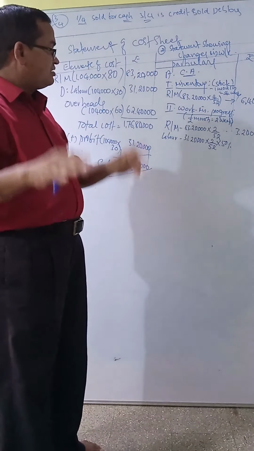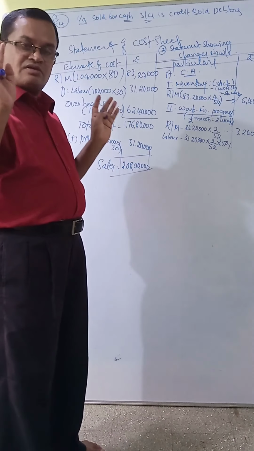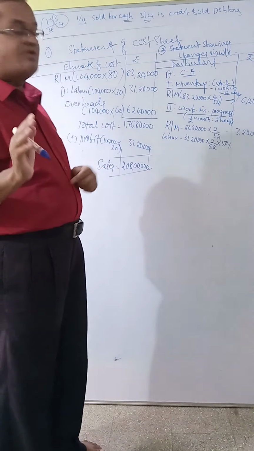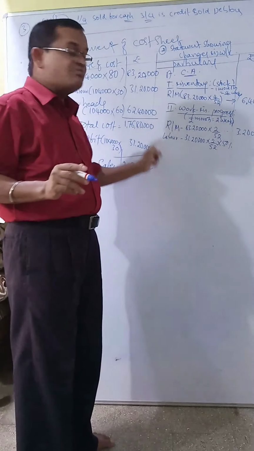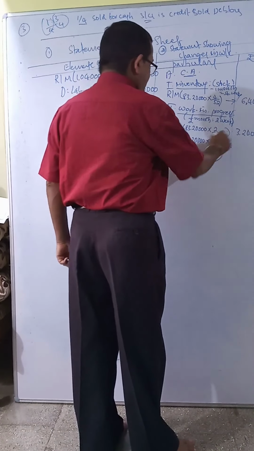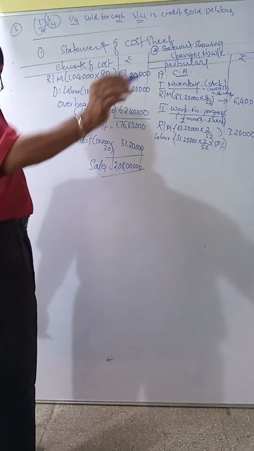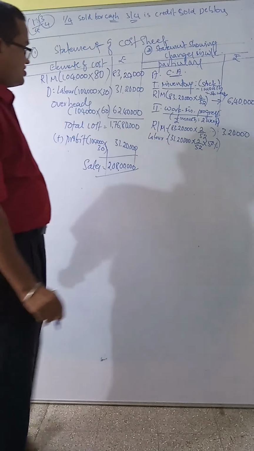The work is assumed to be completed only 50%, so you have to take 50% of labor and overheads. 31 lakh 20,000 into 2 divided by 52 into 50%. So 60,000.